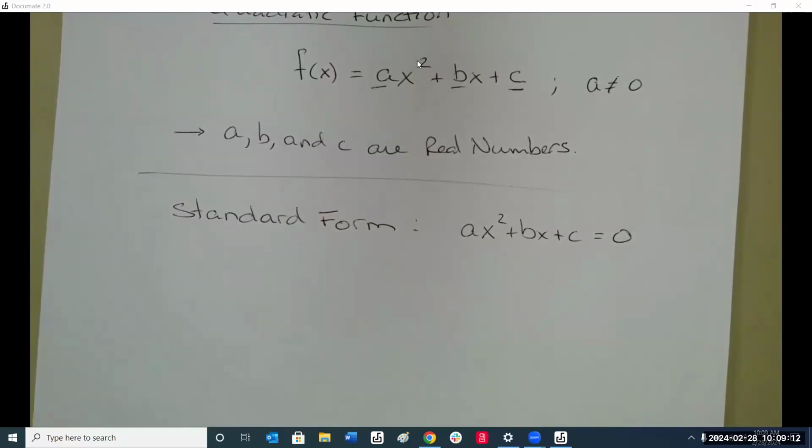So whenever you solve quadratic equations, as with linear equations, it has to be equal to 0 first. Why does it have to be equal to 0? Anybody guess? Why do we have to set it equal to 0?